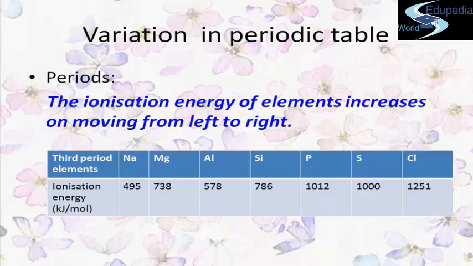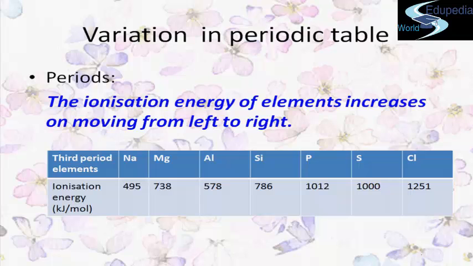For example, I have taken the third period elements sodium, magnesium, aluminum, silicon, phosphorus, sulfur and chlorine with their respective ionization energy. Please note that this is the first ionization energy, with the unit kilojoules per mole.